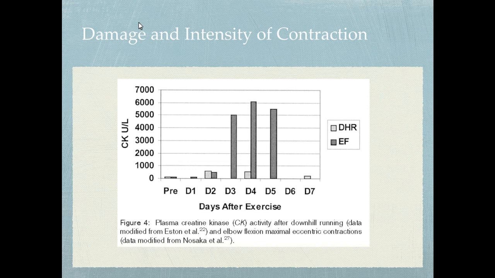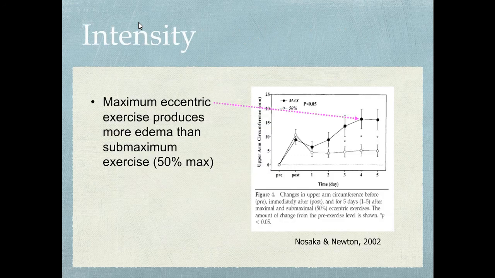If you look at creatine kinase in the blood, the maximal intensity contraction ended up causing the greatest muscle damage in this case. And as we see here, basically maximal eccentric contraction produces more edema than submaximal 50% contraction. So it is dependent on intensity.